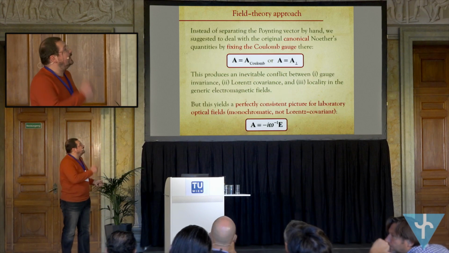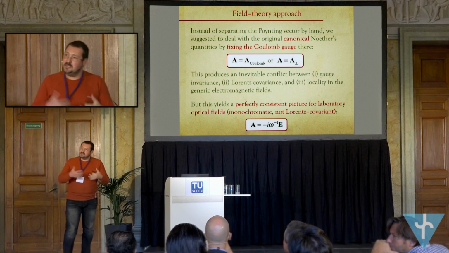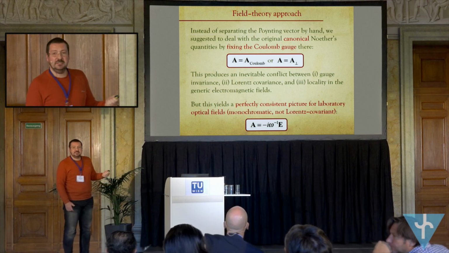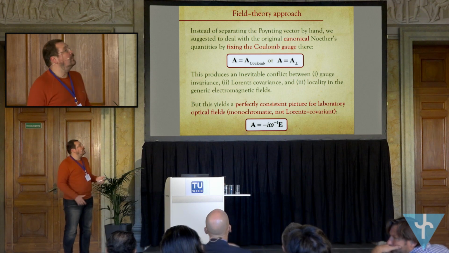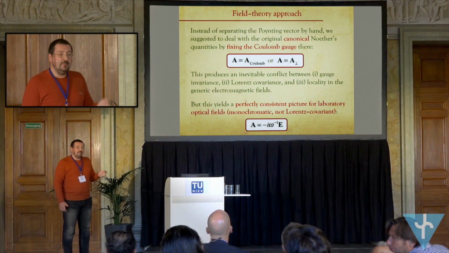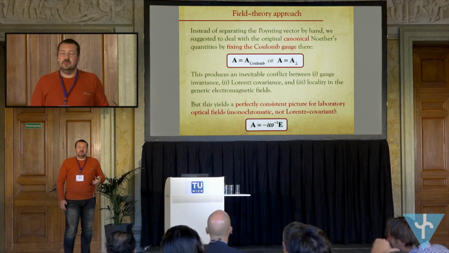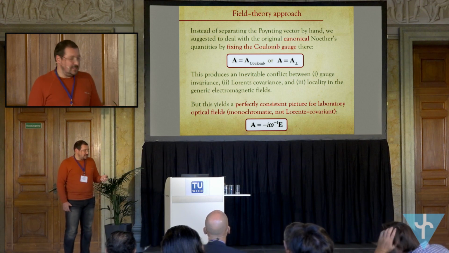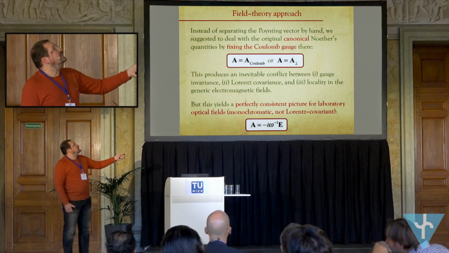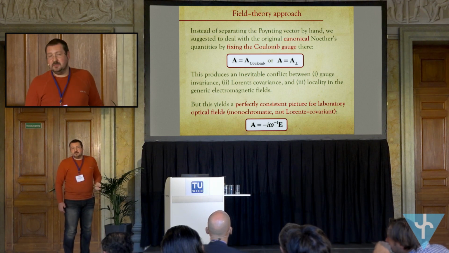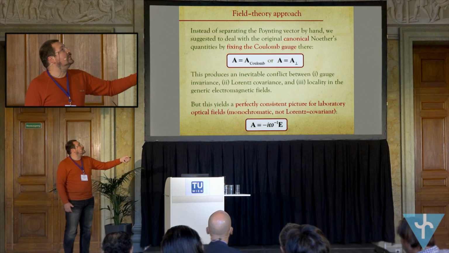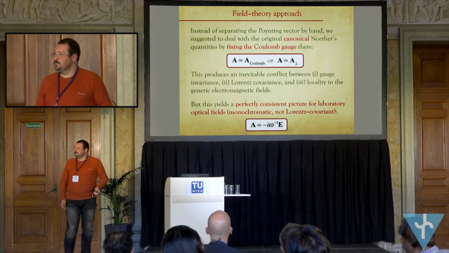So instead of doing these tricks with the Poynting vector approach, what we suggest is to deal with relativistic field theory, momentum, and spin. But we need to remove the gauge dependence of these quantities. So we suggest just to fix the gauge. We take the Coulomb gauge for the vector potential, which is equivalent to taking its transverse part.